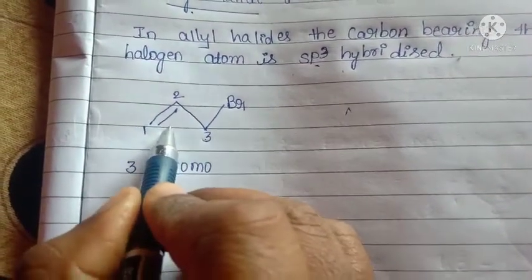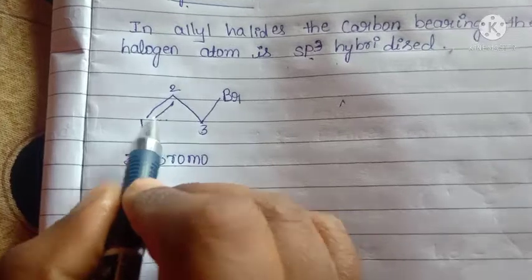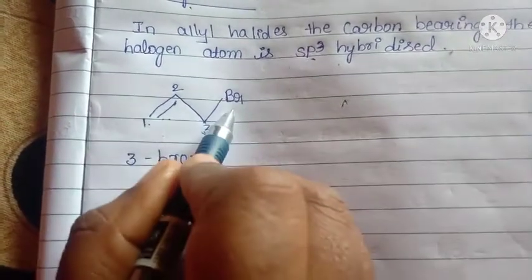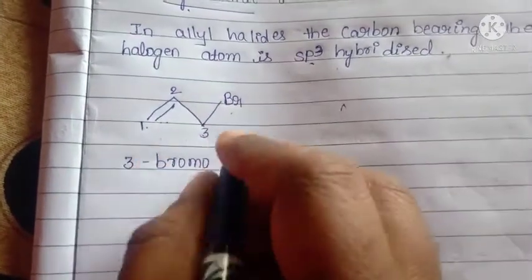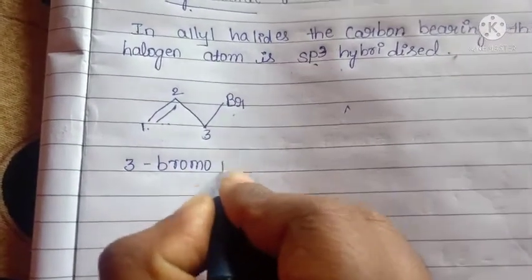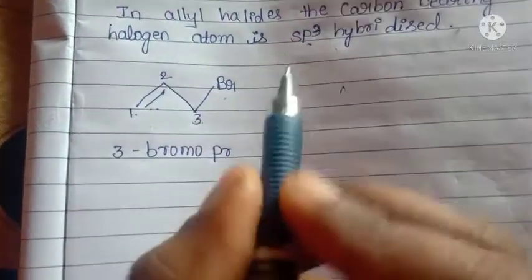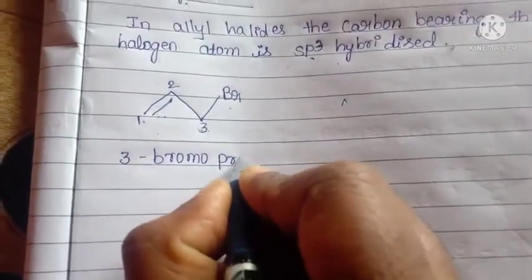If you are getting this type of compound, you have to give the least number for the double bond, and then the substituent group. 3 bromo prop. How many carbon atoms are there? 1, 2, 3. 3 means propene.